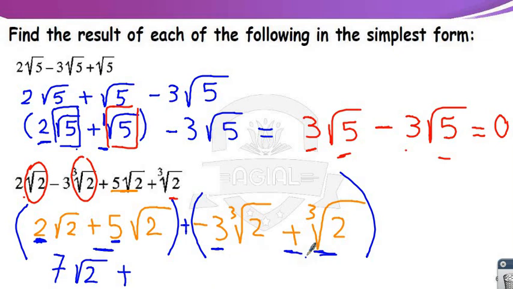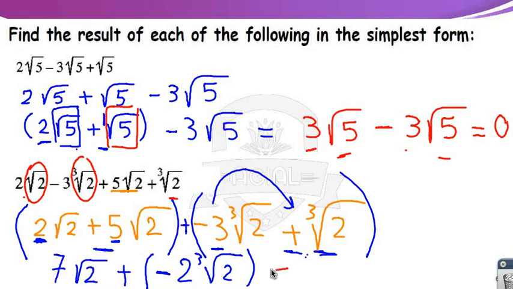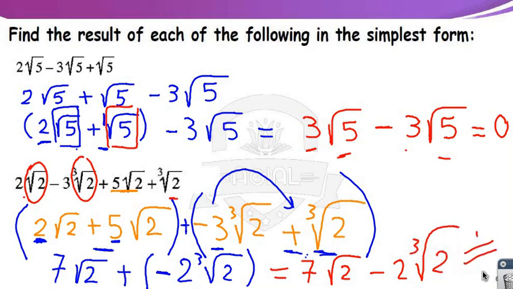We put the greater number's sign, minus, and subtract 3 minus 1, it will be 2 cube root of 2. And then we have the result: 7 square root of 2 minus 2 cube root of 2. This is the result.